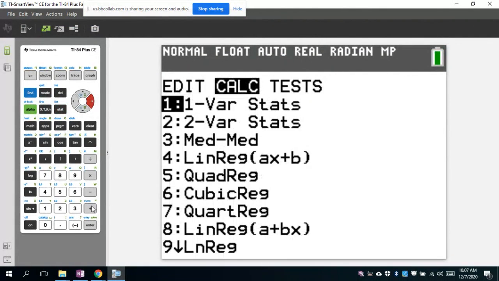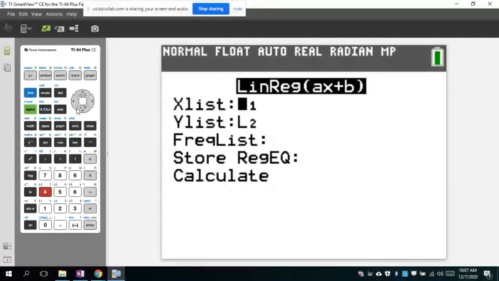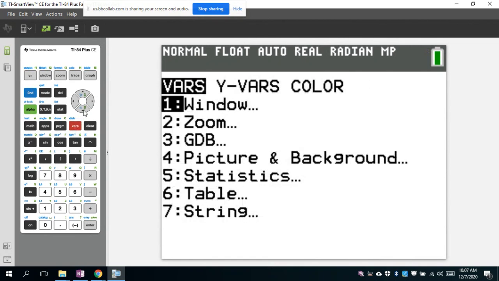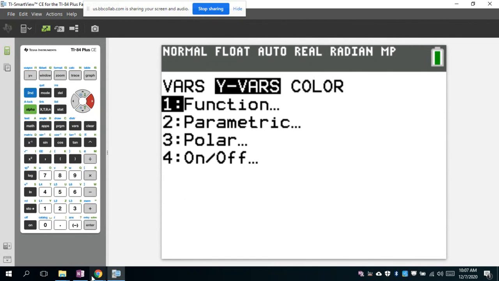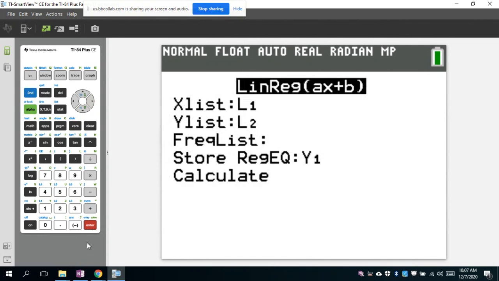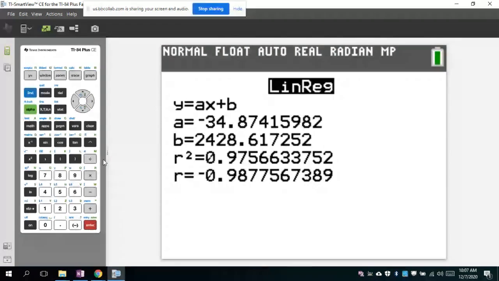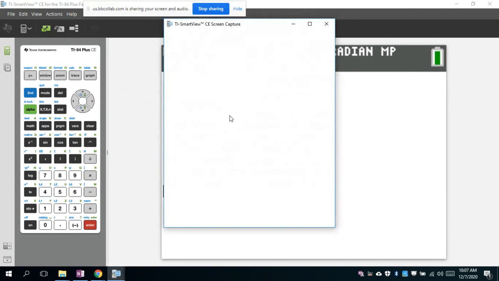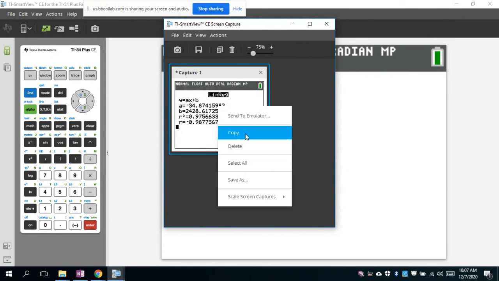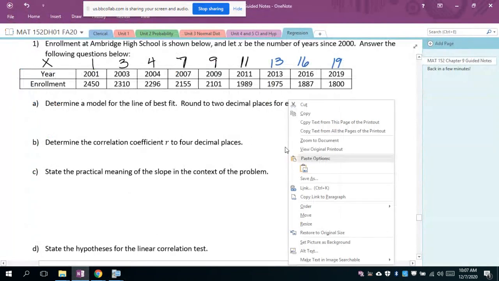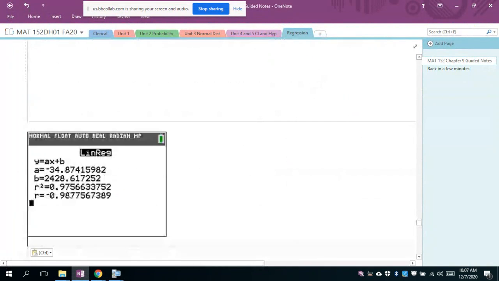So if I go to stat and do a linreg, L1 and L2, and I can actually store my regression equation if I go to vars and choose y vars y1, and then calculate it. Here's the data for this. Now, what I'm going to do here is copy this picture over to my notes real quick.